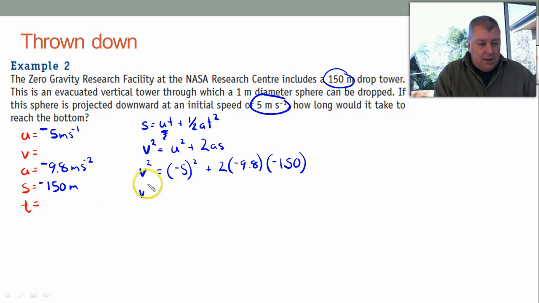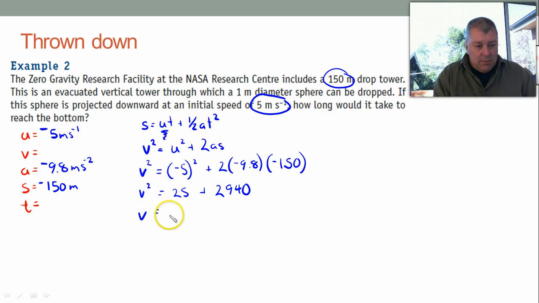And so v now becomes, I'm going to show you just a few lines of working here just so you get the idea of what we're doing. These two minuses cancel, that becomes positive, so v is going to be the square root of 2,967. v is going to equal 54.45 meters per second to the minus 1.